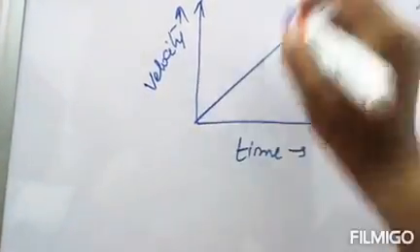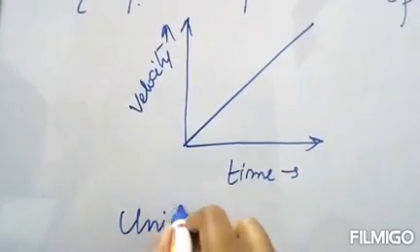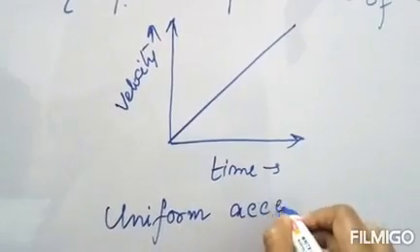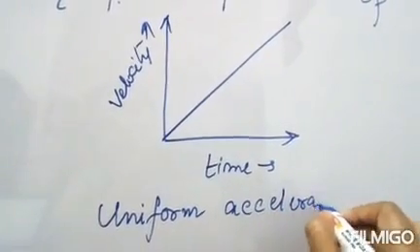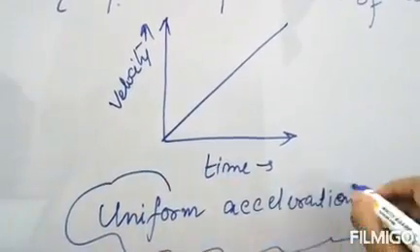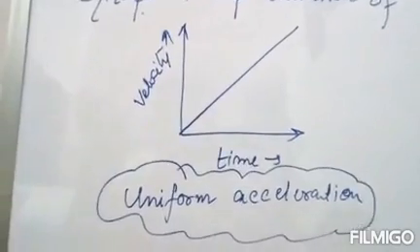So this type of graph denotes uniform acceleration.